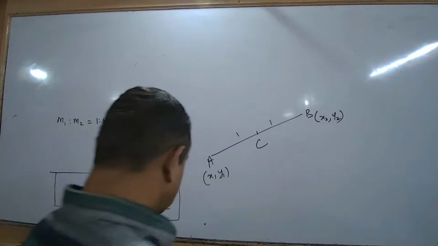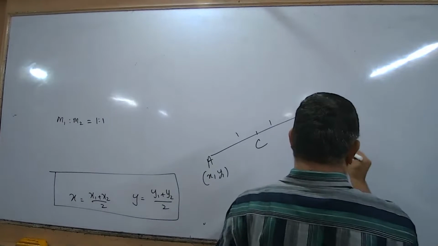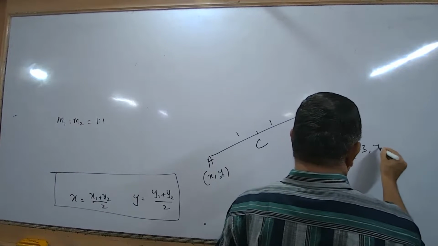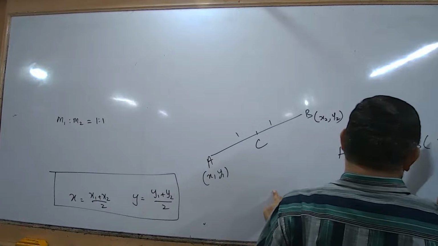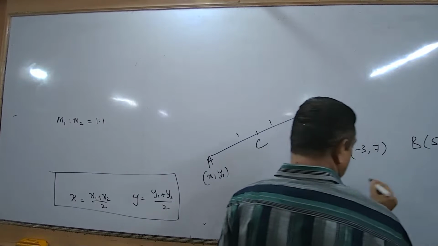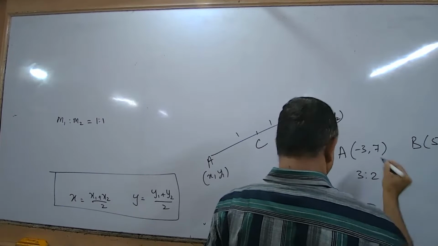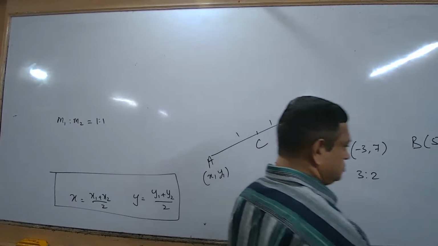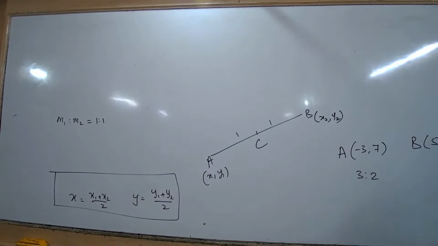P divides A (-3, 7) and B (5, -6) in the ratio 3:2 internally. Obtain the coordinates of P.